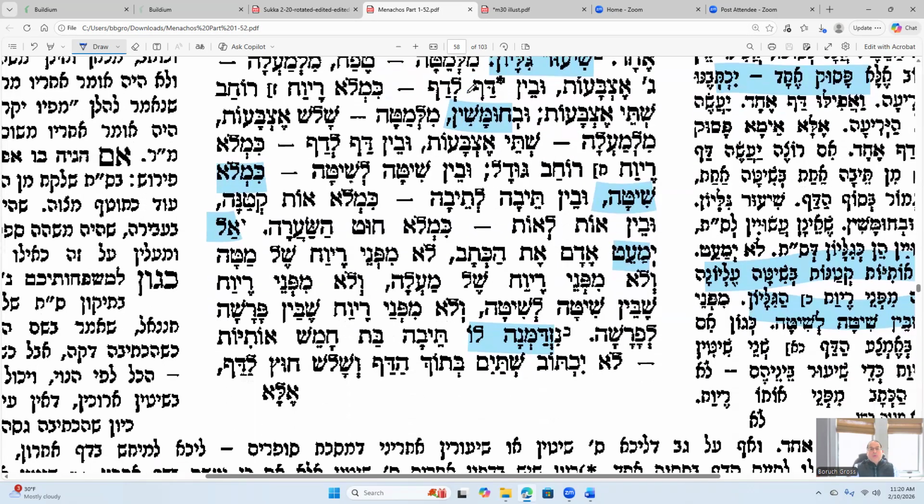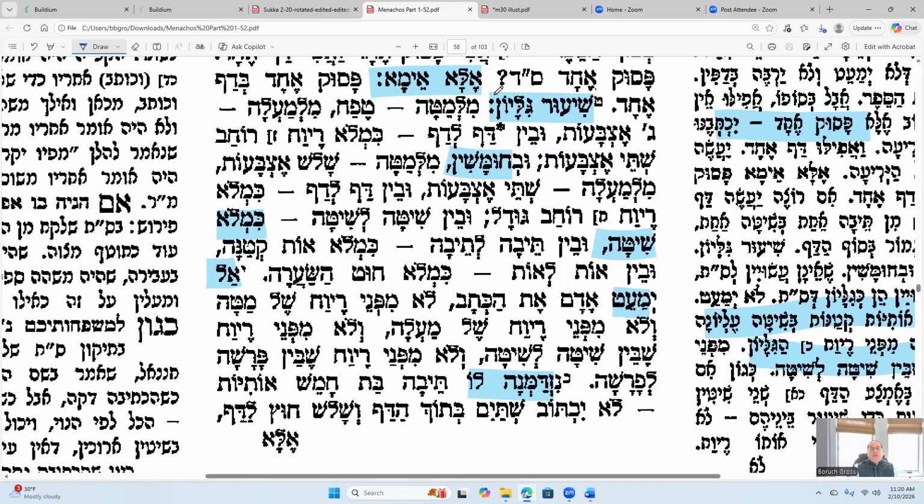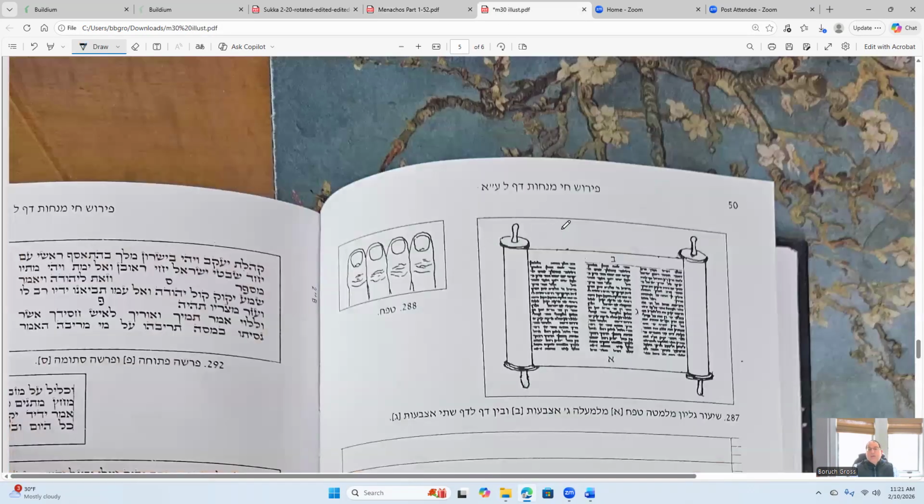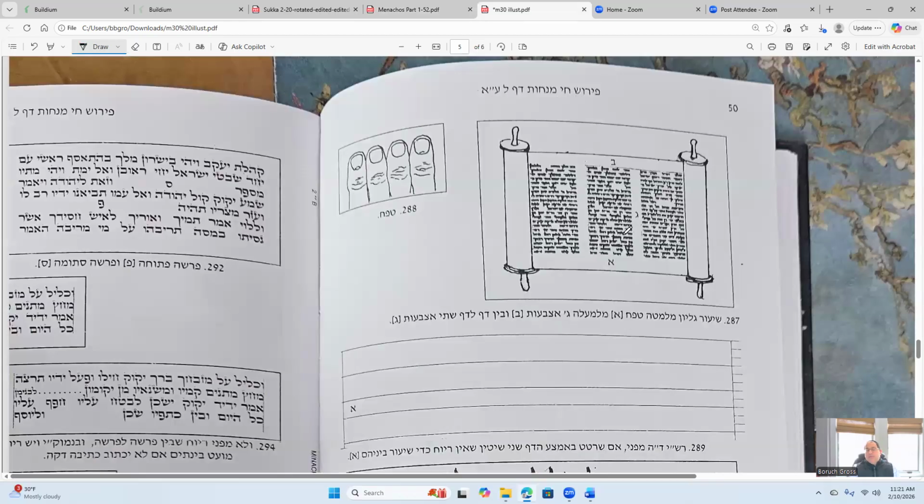Now we go to the dimensions. Shir Gilyon, how are the margins? Shir Gilyon, milmata tefach, let's see the picture. So the Shir Gilyon, you have 3 from the bottom, a tefach, 3 to 3.5 inches.